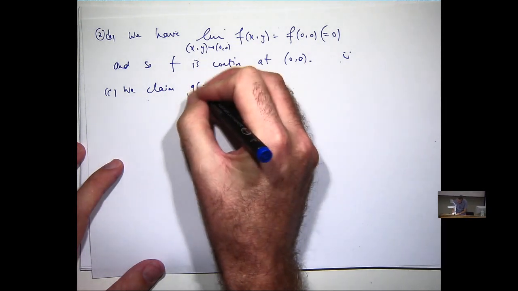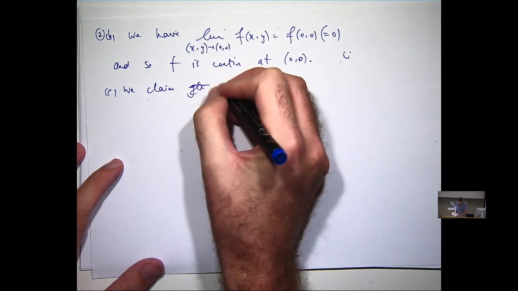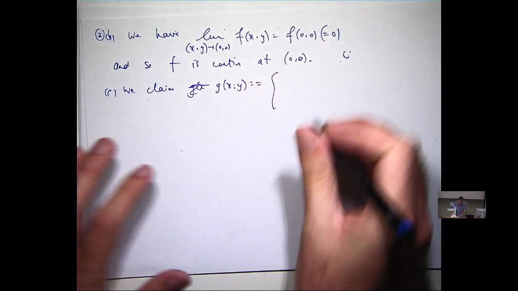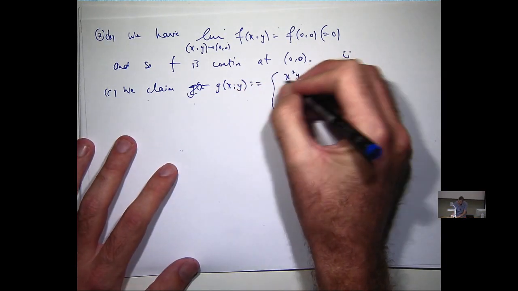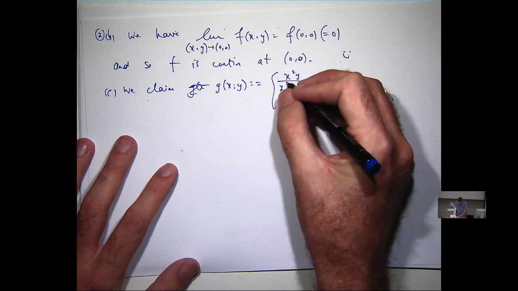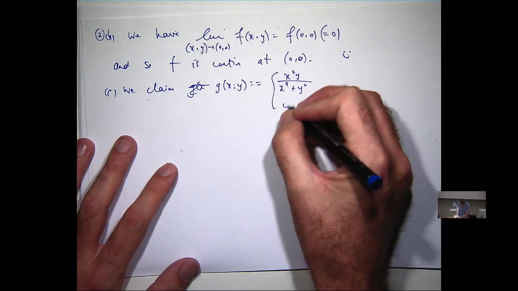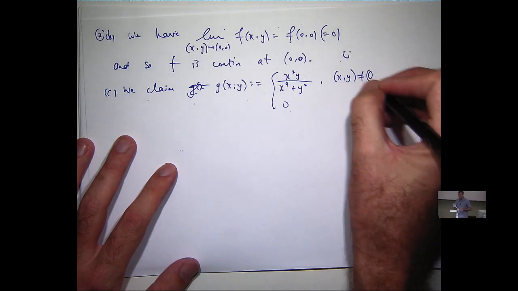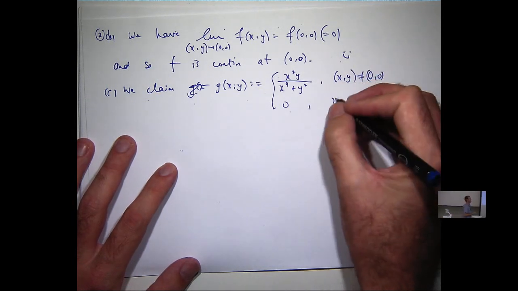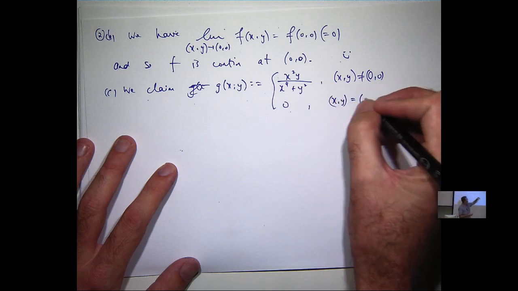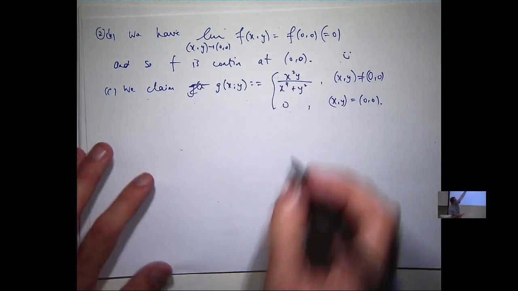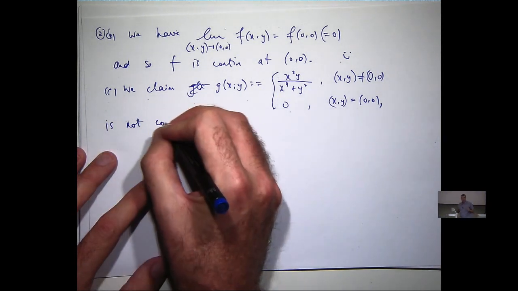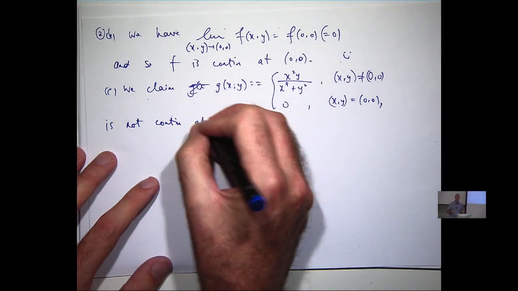So let's write down our G. We claim this G is not continuous at the origin.